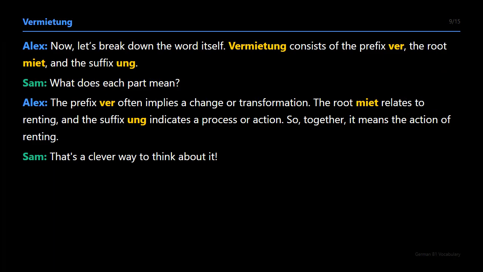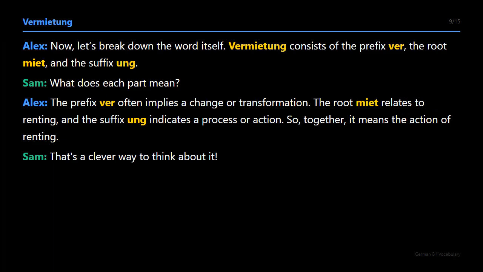The prefix Ver often implies a change or transformation. The root Miet relates to renting, and the suffix Ung indicates a process or action. So, together, it means the action of renting. That's a clever way to think about it.